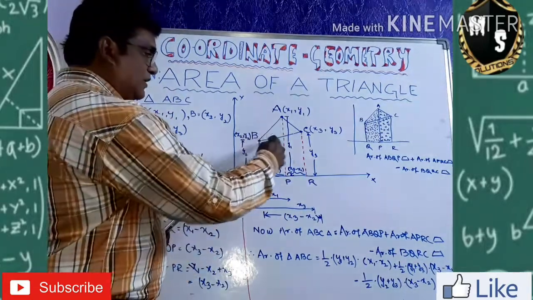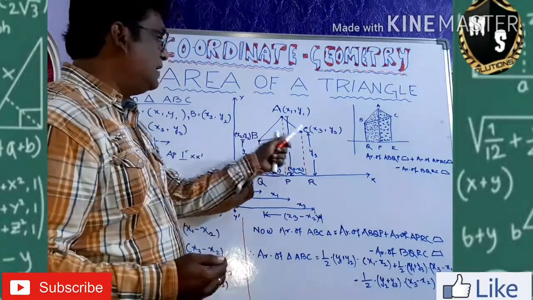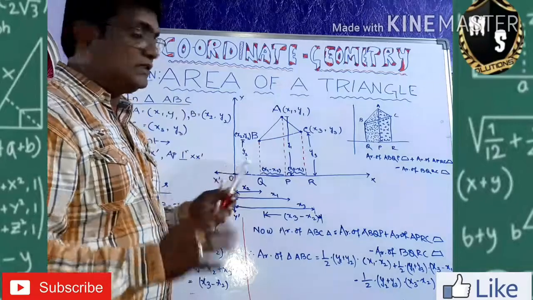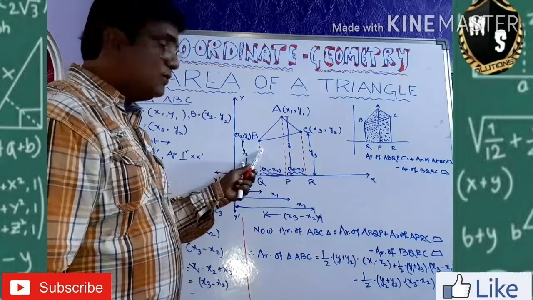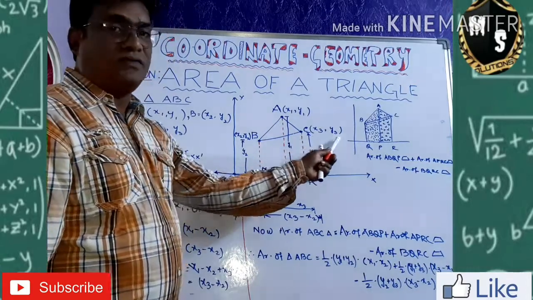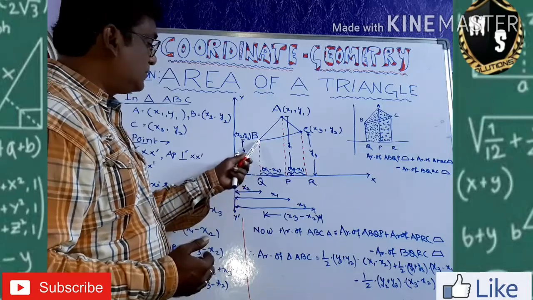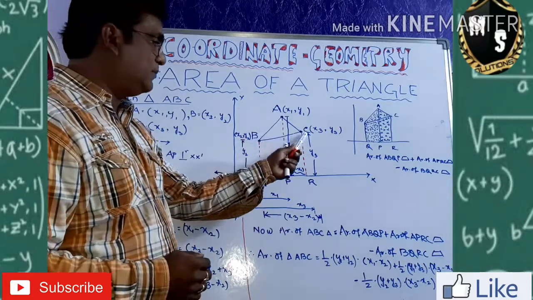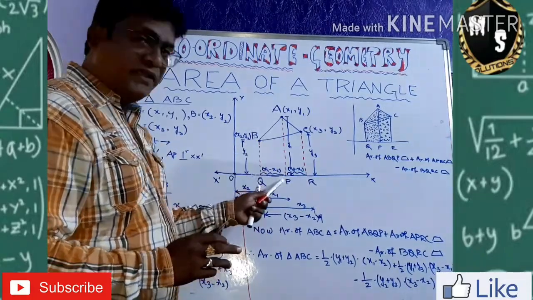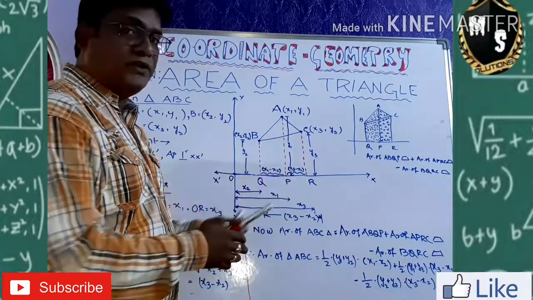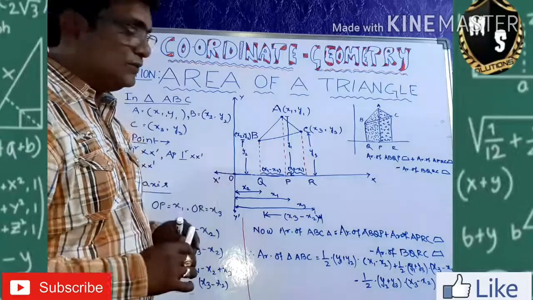First I took a triangle, named it ABC and gave the coordinates: point A is x1, y1, point B is x2, y2 and point C is x3, y3. Then I dropped perpendiculars from B, A and C respectively: BQ, AP and CR drawn to x dash, that means the x-axis.